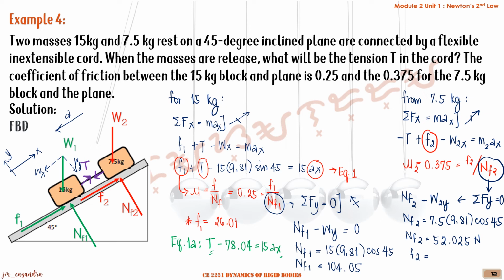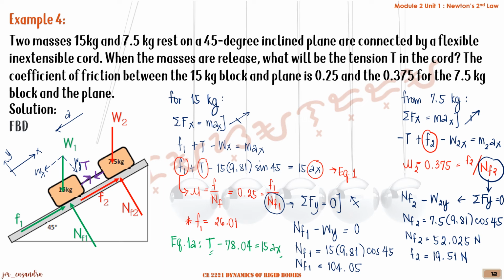So from here, we can now solve for F2. So times 0.375. So F2 now is 19.51 newtons. So we substitute F2 in this equation.